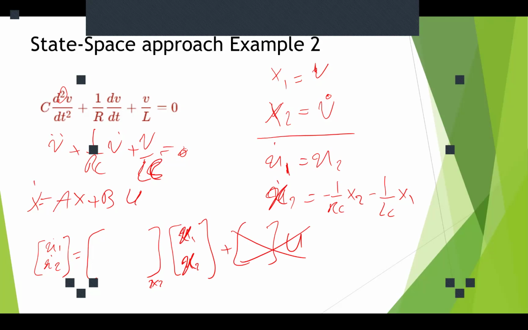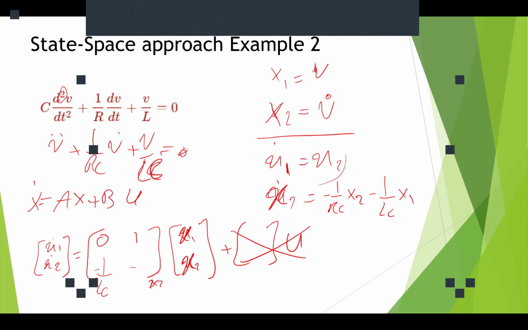Now, what is x1 dot equal to? It is equal to x2. So it's going to be 0, 1. What about x2 dot? x2 dot is minus 1 over LC times x1 plus minus 1 over RC times x2.